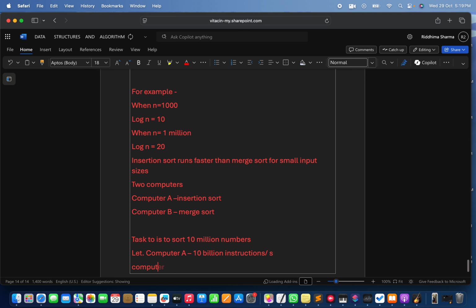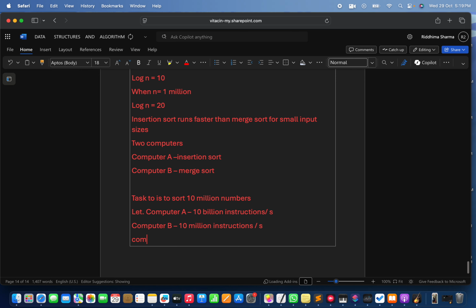So computer A is 1000 times faster than computer B.